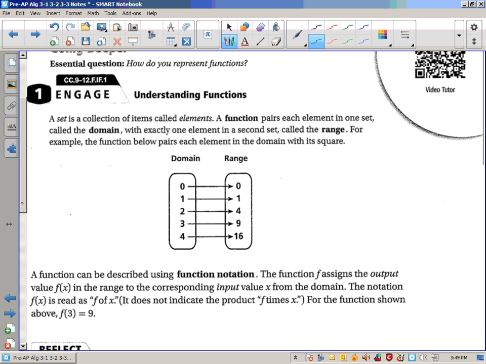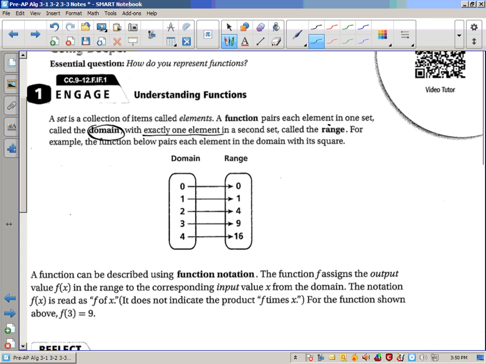So time, in a sense, was a set. You could have 1 hour, 2 hours, so on and so forth, and then our height or our level of water, whatever.